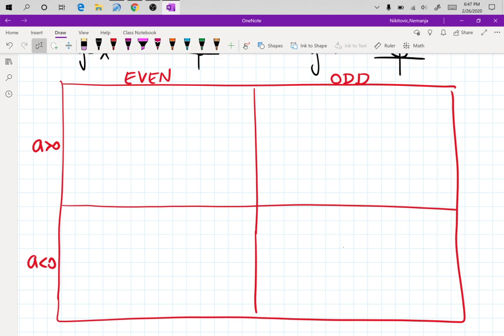Even, odd, a larger than 0, a less than 0, and you will be using this chart to fit all of your polynomial functions from y equals mx plus b to 3x to the 107 minus, and so on. All right, let's go.